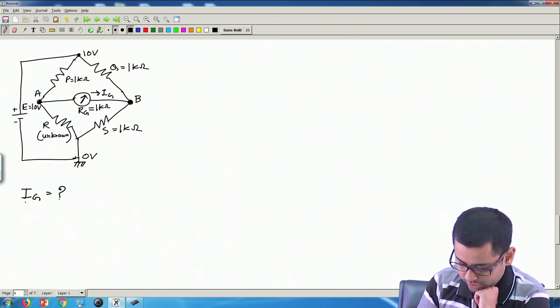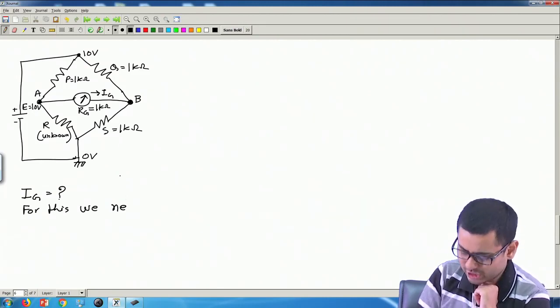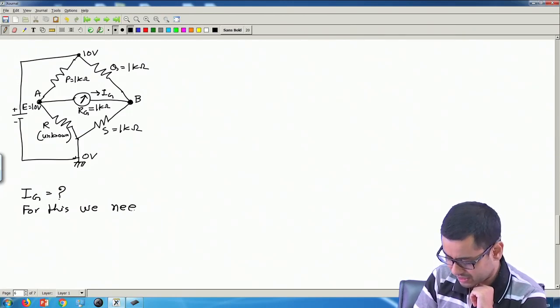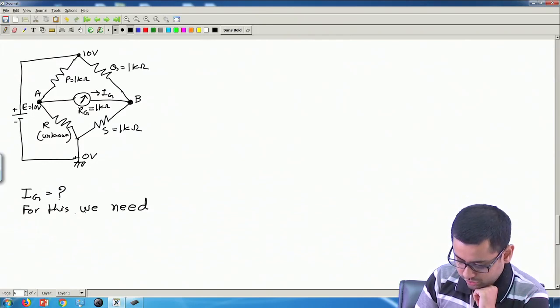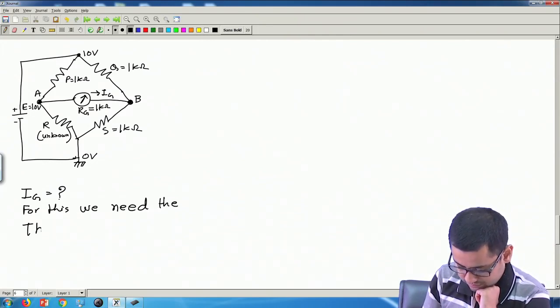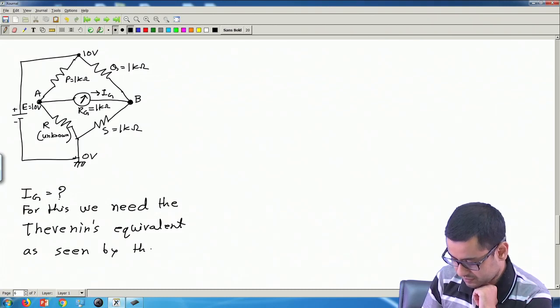Okay. So, for this, you can solve the same problem in different ways, but this is how I am going to solve. For this we need the Thevenin equivalent as seen by the galvanometer.